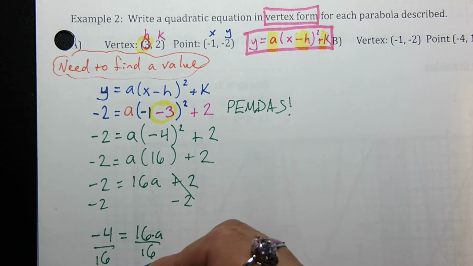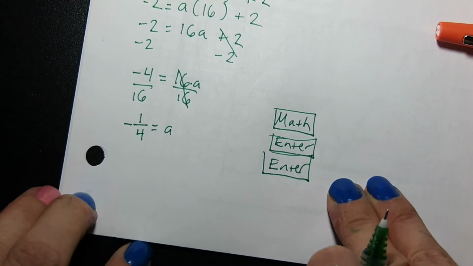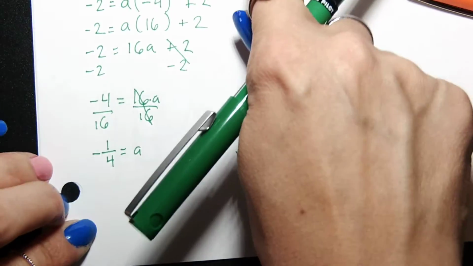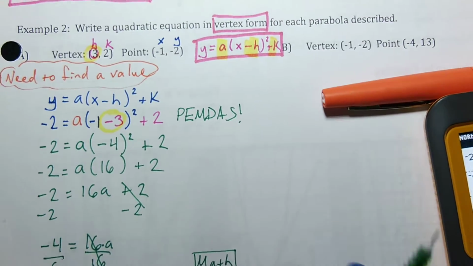The worst thing that happens with these problems is students stop here and they go, a is -1/4, we're done. We found the a value, but did we answer the question that says, write this equation in vertex form? No, we did not. So we need to now take that a value and plug it in with the h and the k value into this skeletal form. Let me zoom out a bit here.